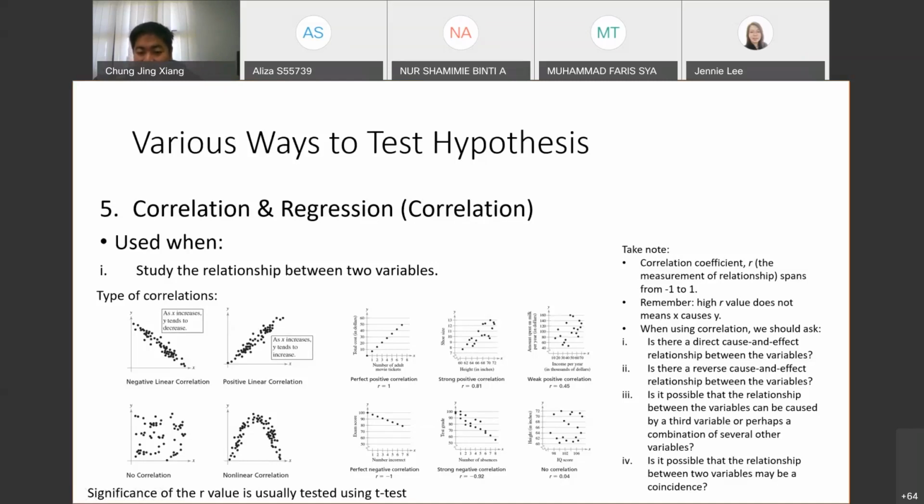Why do we say high R value does not mean X causes Y? The reason is sometimes when we calculate, let's say, two data sets or two time series or two samples of data, you might end up with an R value that is very high, but they are actually not related.